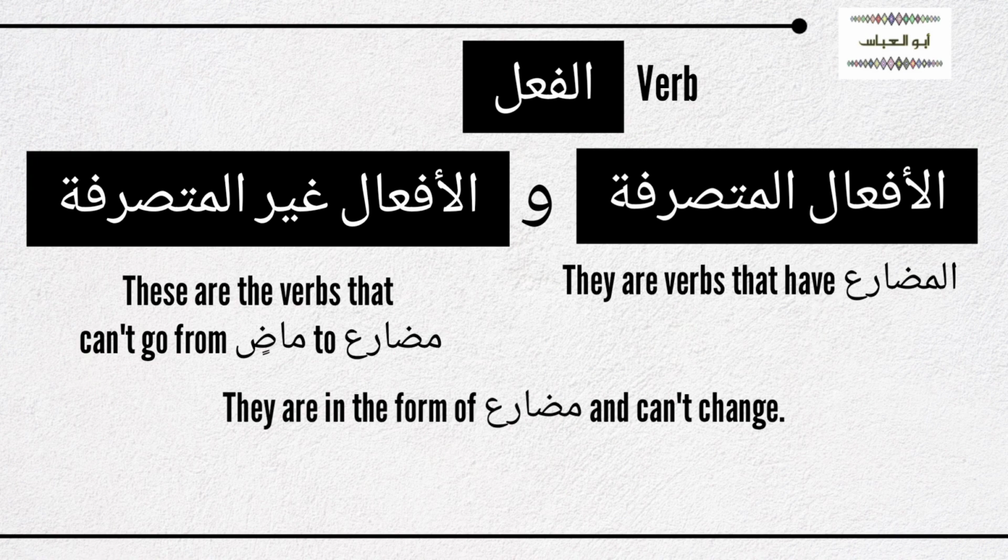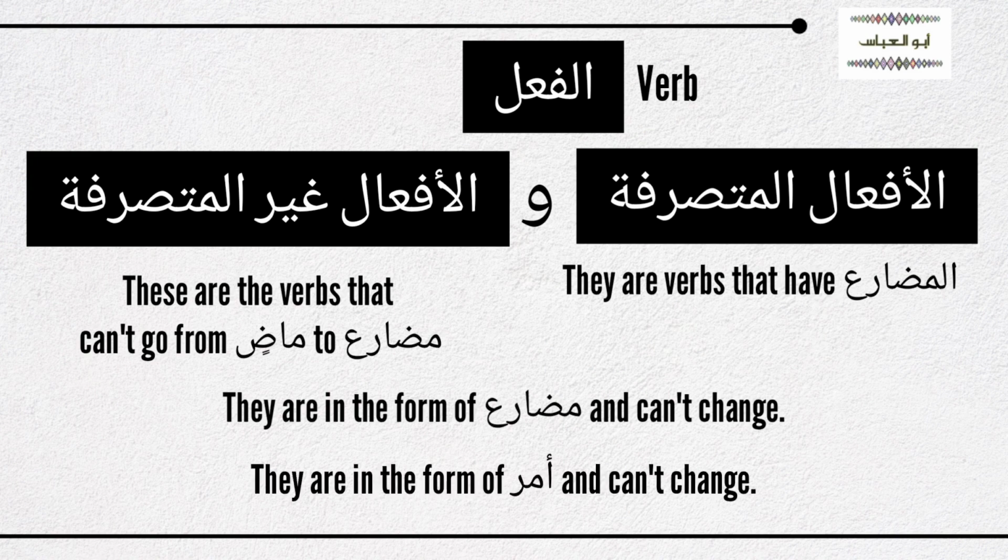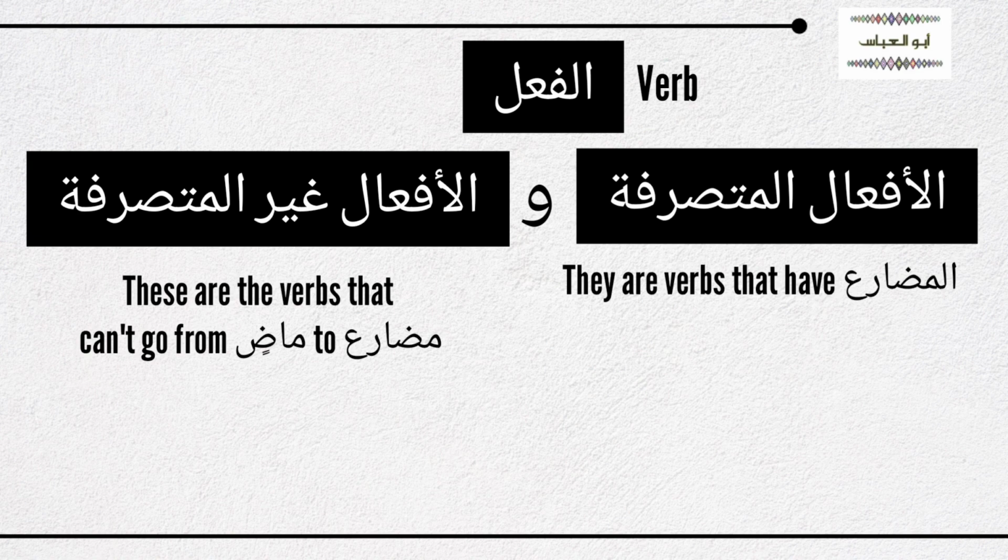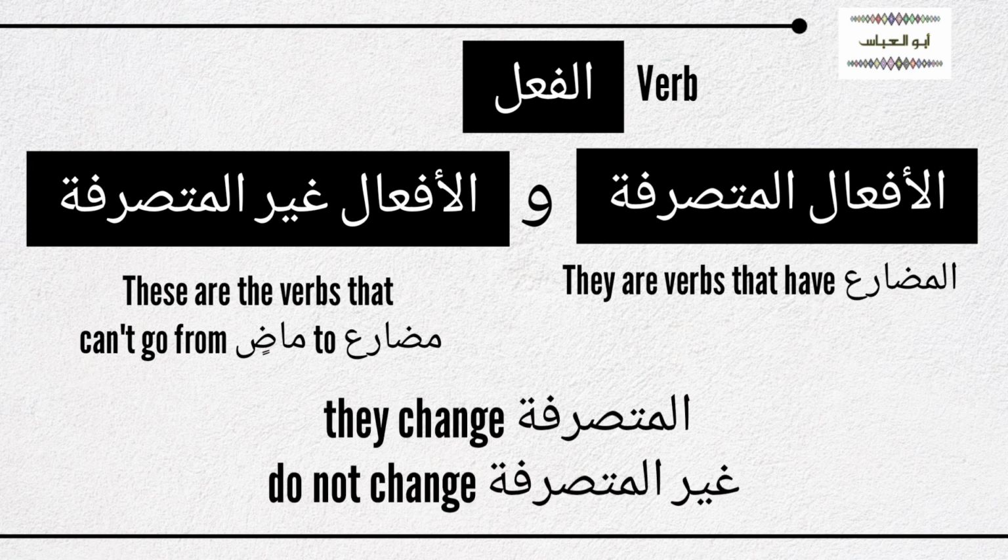Or some are in the form of amr alone. They can't leave that particular position. Unlike mutasarrifa that can go from madi to mudari' to amr, but ghayr mutasarrifa, some would remain in madi, some in mudari', some in amr.